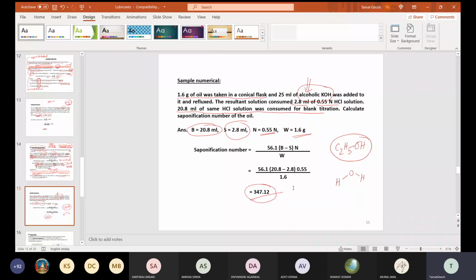So that much water won't make much difference in the system. For the blank titration, water can be taken. In this case, in place of 1.6 gram of oil, you can take 1.6 gram of water. Tell me.